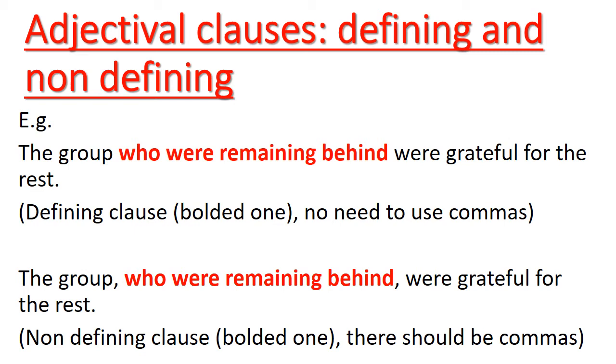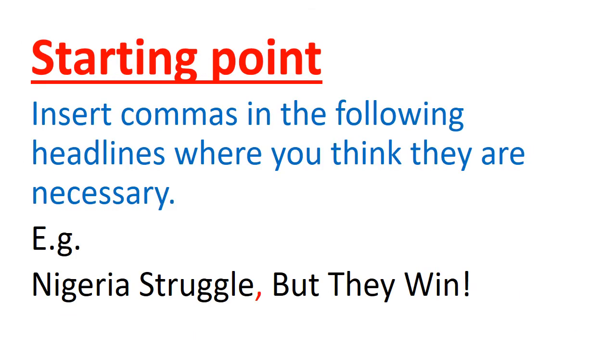It is a non-defining clause. The commas clarify this fact. Since we have used commas, it is a non-defining clause. When we are not using commas for adjectival clauses, they become defining clauses. Okay, let's go to the next one.